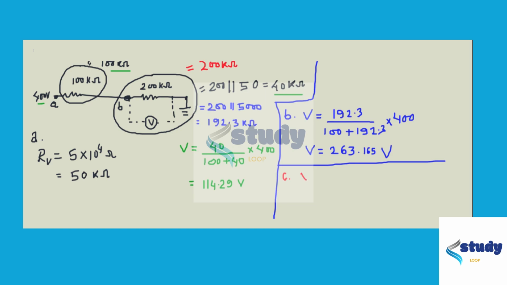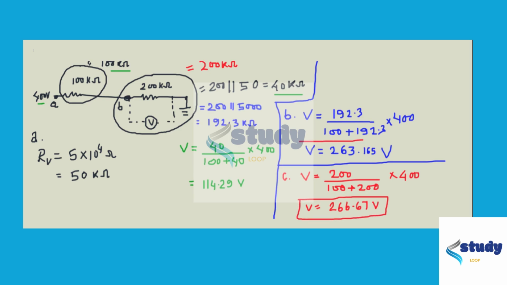So now V at B would be 200 upon 100 plus 200, into 400, right? This should be equal to 266.67 volts, right?